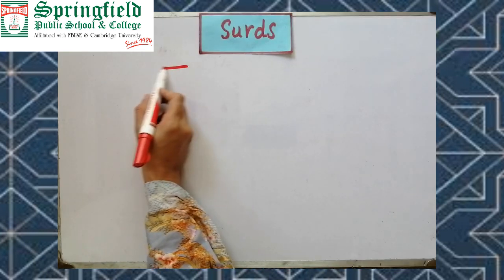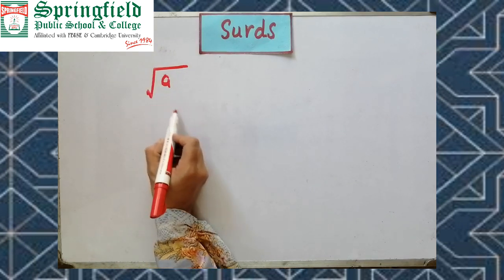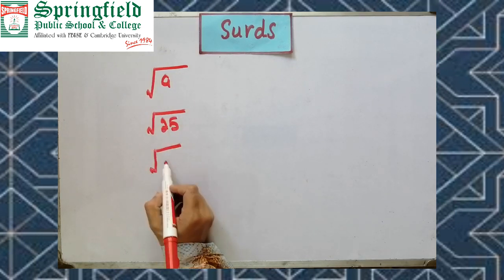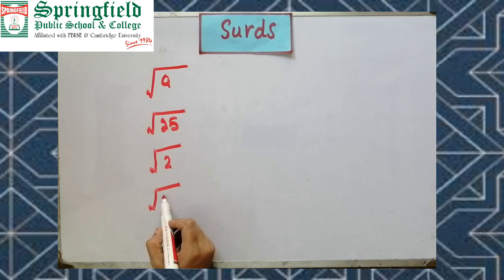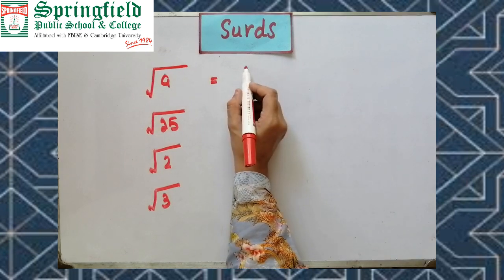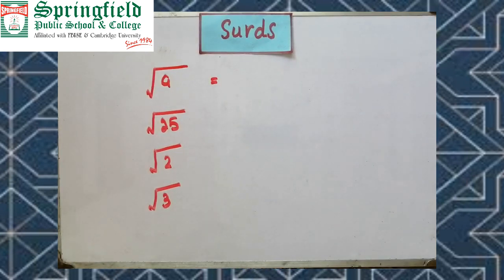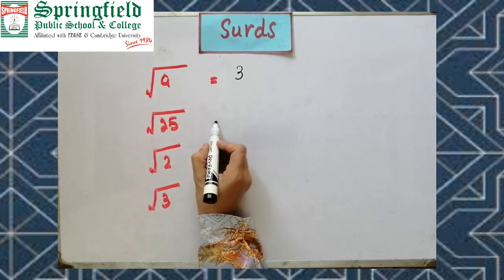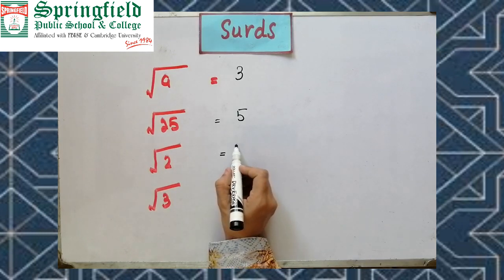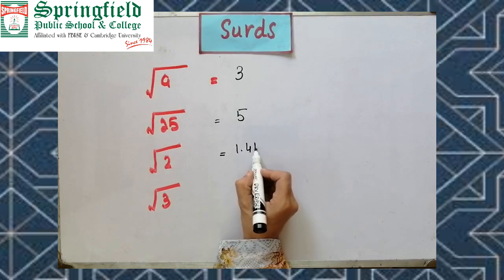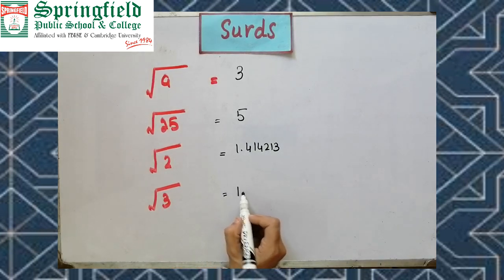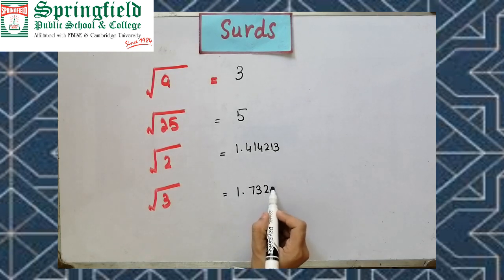You have to see numbers like these: under root 5, under root 25, under root 2, under root 3. Fine? As we know, the square root of 9 is equal to 3, the square root of 25 is equal to 5, the square root of 2 is equal to 1.414213, and the square root of 3 is 1.73205.